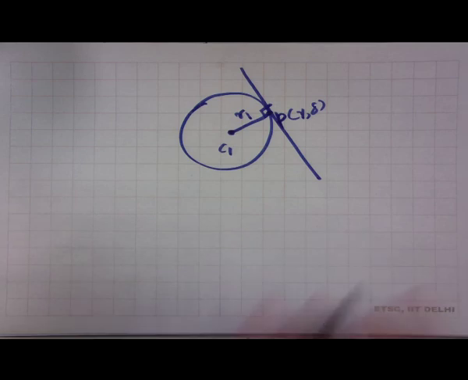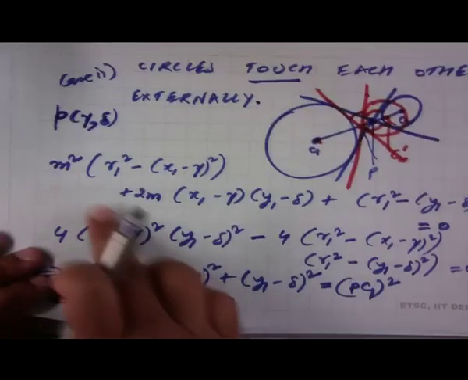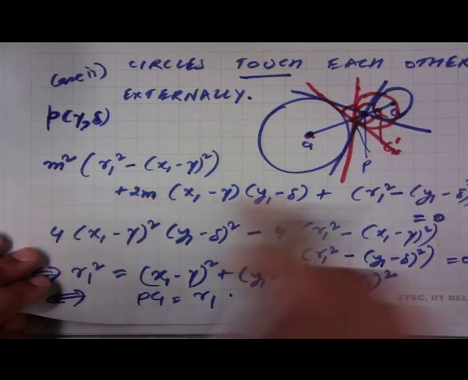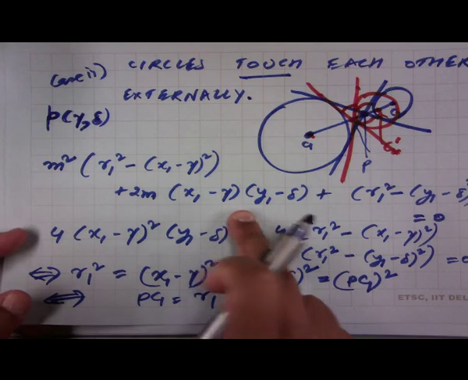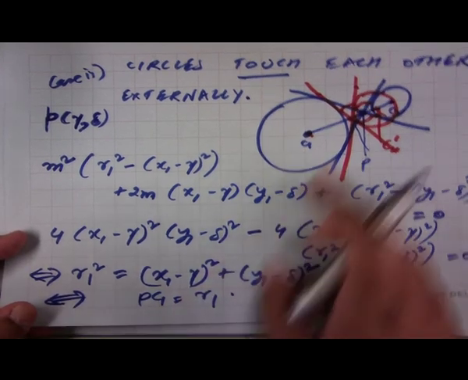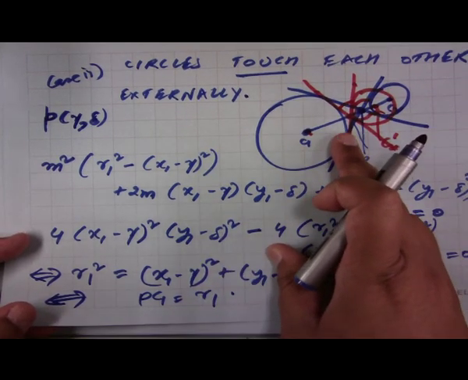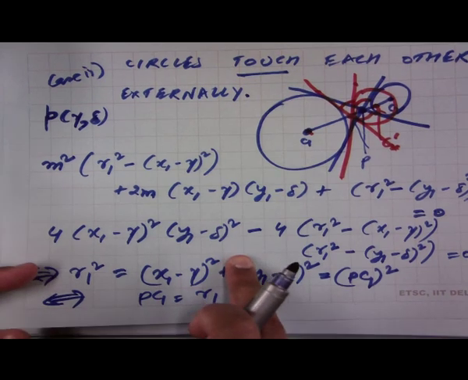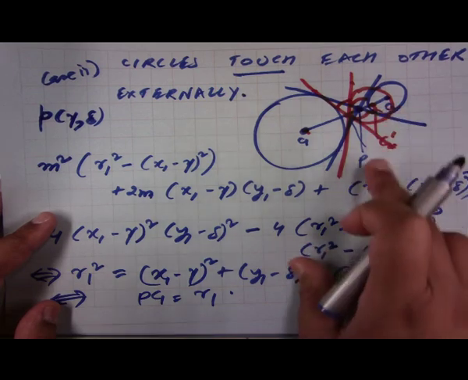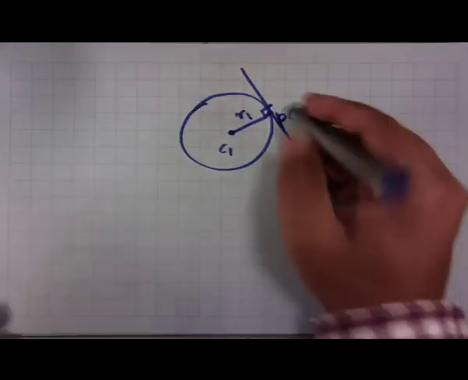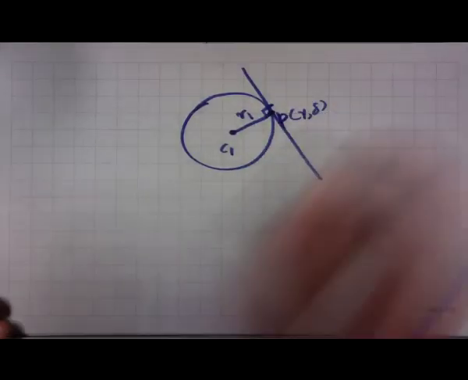So, there is only one transverse common tangent when we have only one root, or basically both the roots are equal. Under that situation, we saw that the point of intersection of this single transverse common tangent with the line joining the centers, that particular point P, will lie on the circumference of the circle.